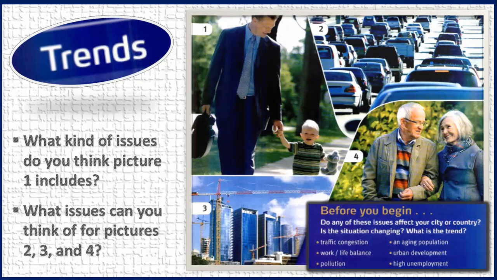According to before you begin, what is number 2? Traffic congestion, right? That means that there's a lot of traffic all the time. Very good. Thank you. Eduardo, what's the next one, please?